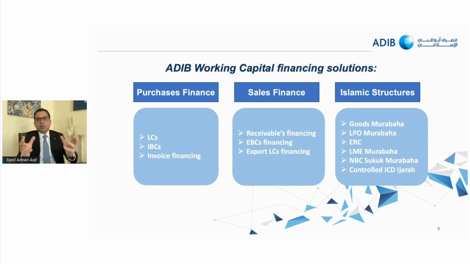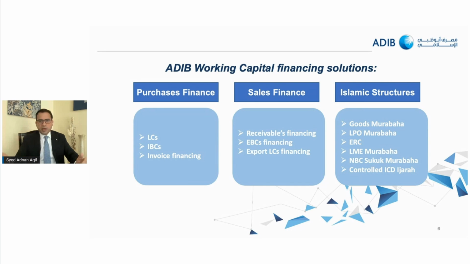This is the easiest way to explain the difference between an Islamic bank and a conventional one. It's not something where the financing rate differs or the credit appetite differs. It's just that the product offering remains the same, and the structures behind handling this are all Islamic. So we have Kuch Muraba, LPO Muraba, LME Muraba.